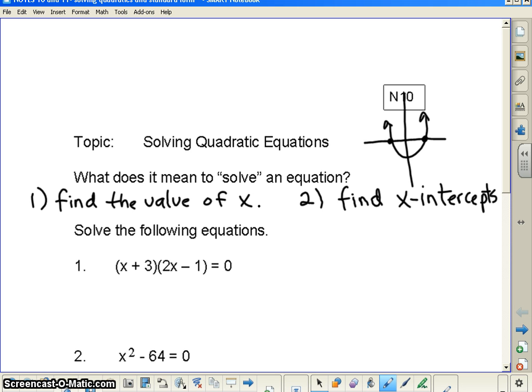Or you could have a quadratic that doesn't even cross the x-axis, and that situation is called no solution. So you either have two solutions or zero.